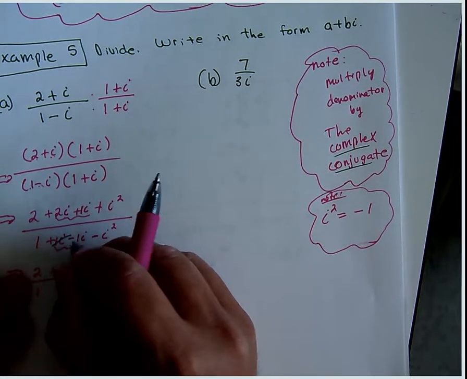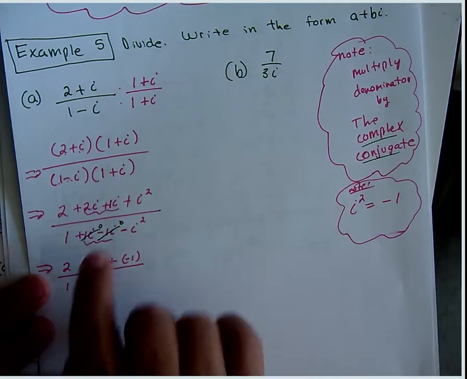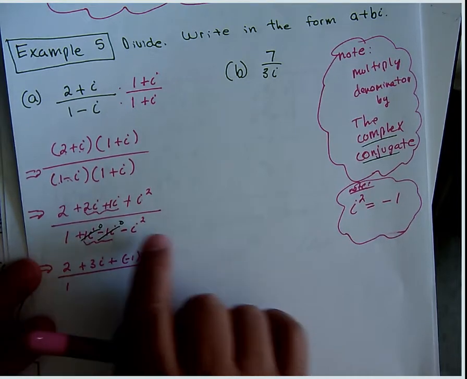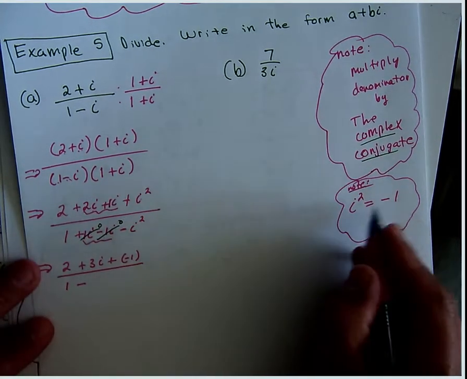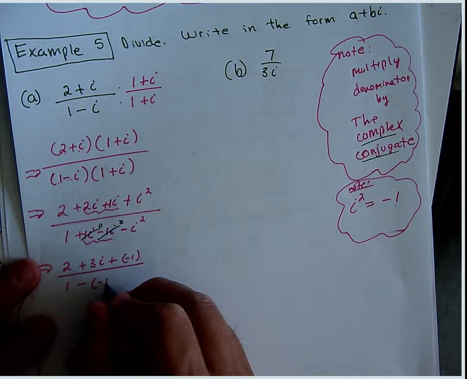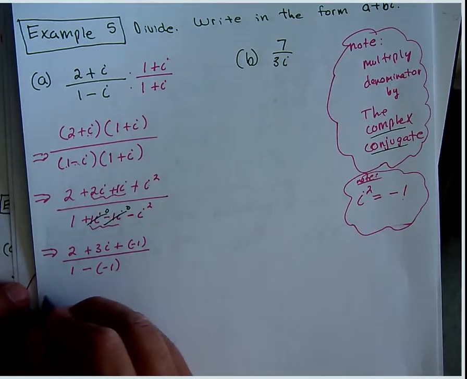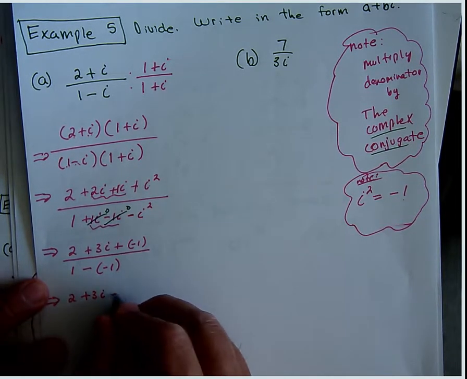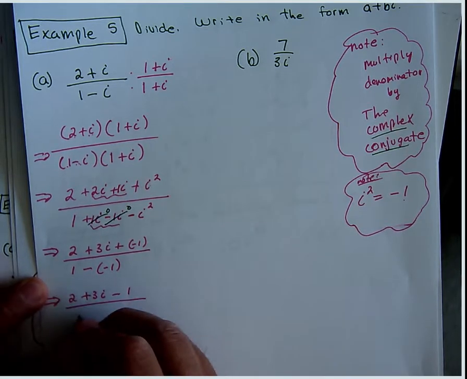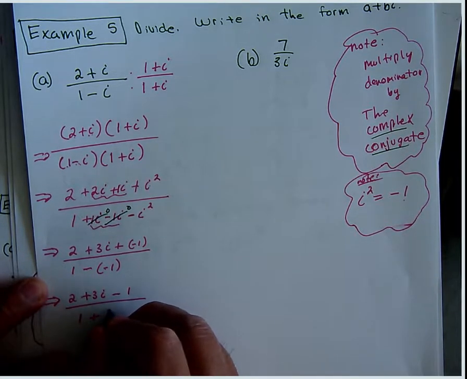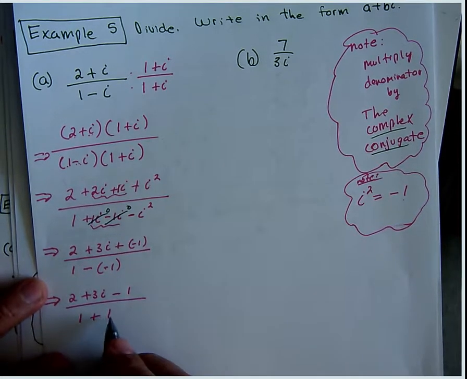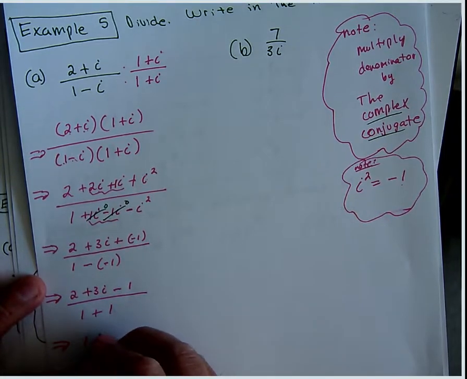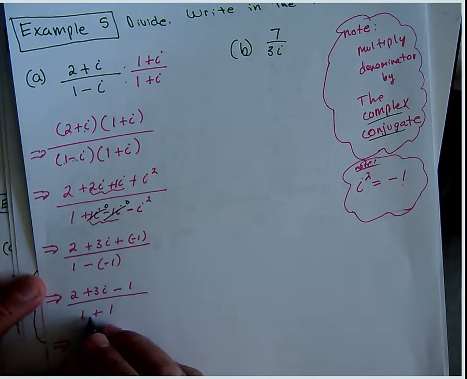Well, these two go away, and that's why you do the conjugate, to eliminate the imaginary part from the denominator. We already did, because that one becomes a negative 1. So the top becomes 2 plus 3i minus 1. And the bottom becomes 1 minus minus, 1 minus times minus gives you positive 1. So 2 minus 1 gives you 1 plus 3i. 1 plus 1 gives you 2.